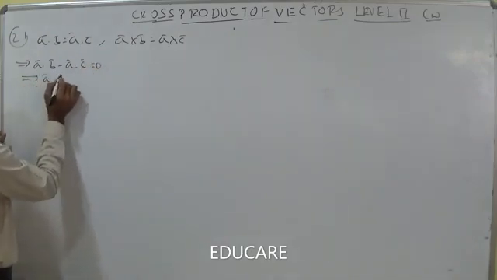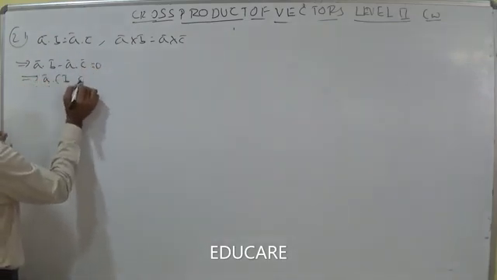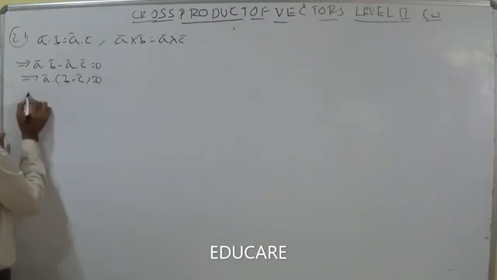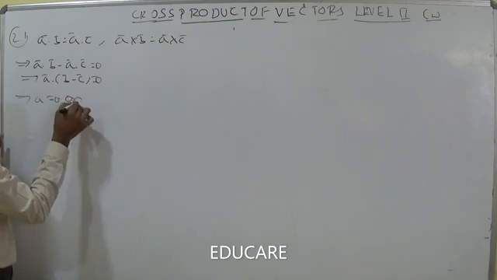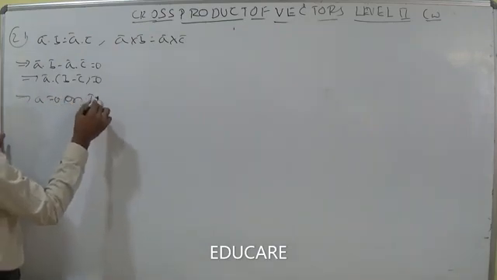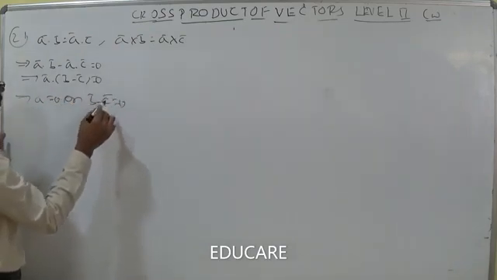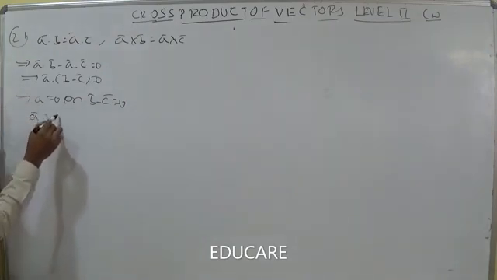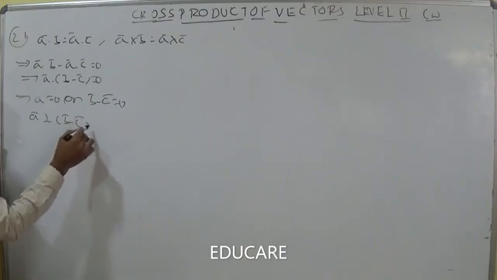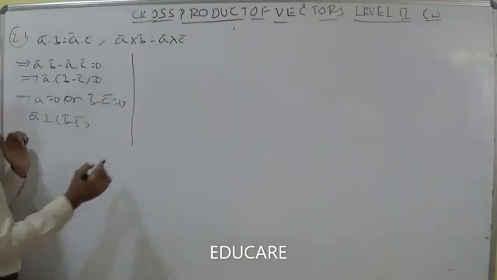If we take a bar common here, a bar dot b bar minus c bar equal to 0, that means a bar is equal to 0 or b bar minus c bar equal to 0, or we can write that a bar is perpendicular to b bar minus c bar. This is the first position.